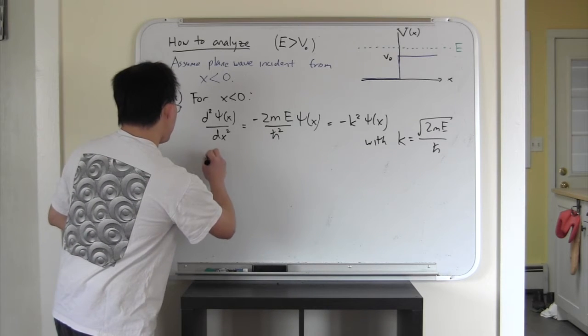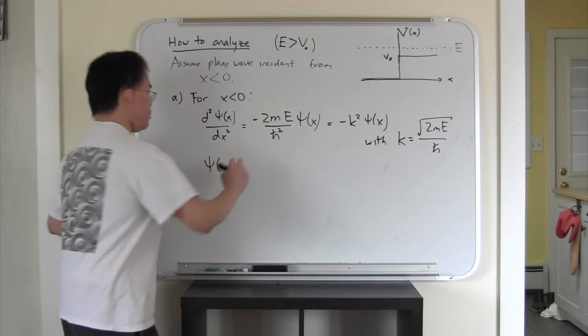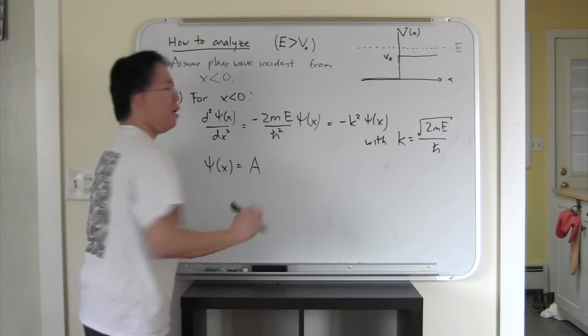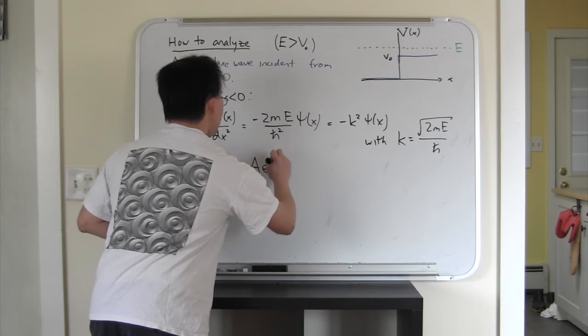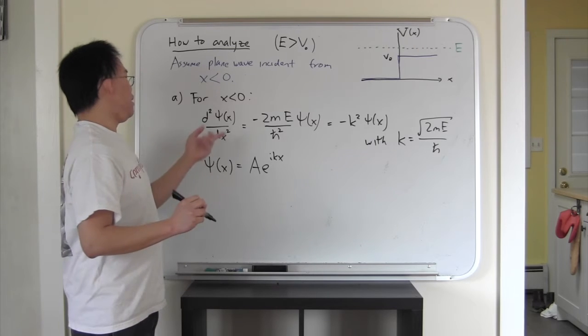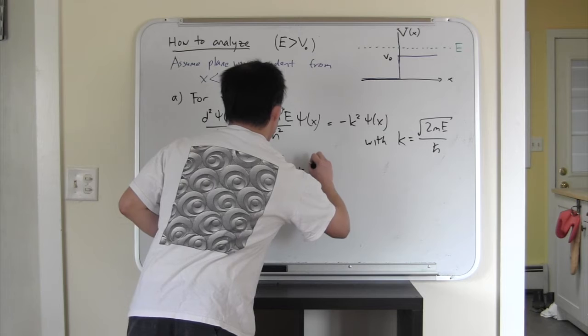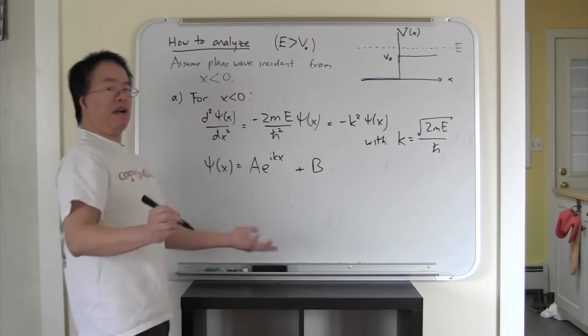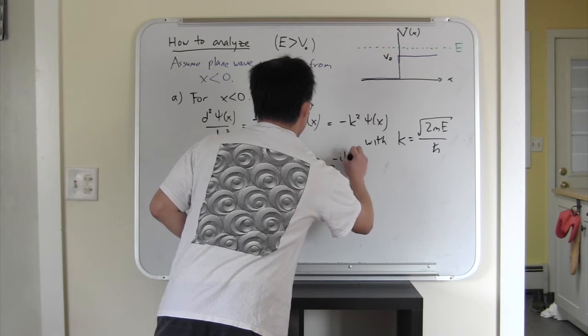So we write down our general form of solution as psi of x equals some constant times e to the ikx. But remember that e to the minus ikx also satisfies this, so I need to include that as well to get the most general possible solution, e to the minus ikx.